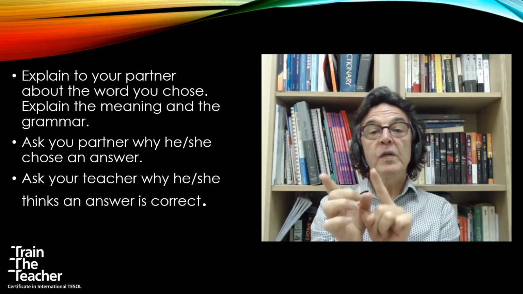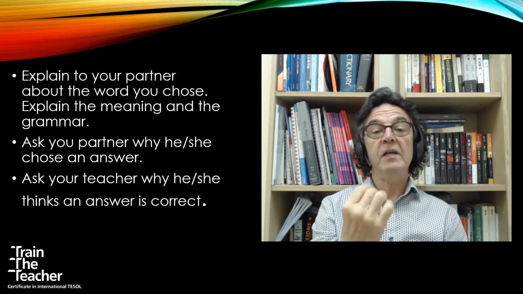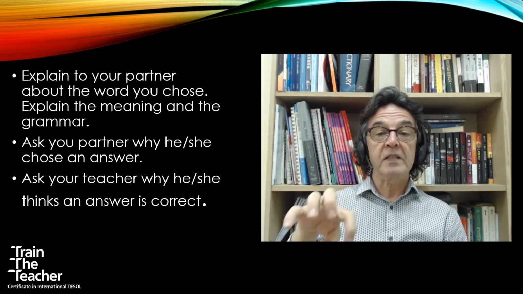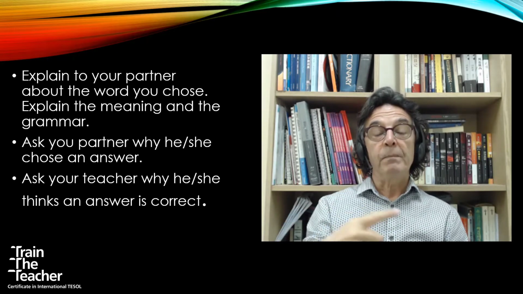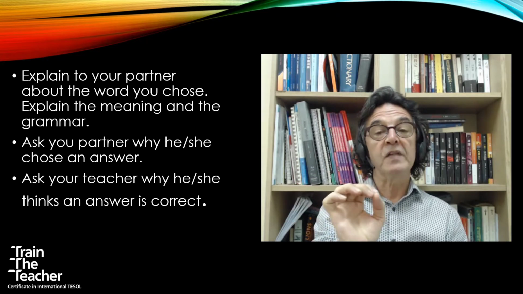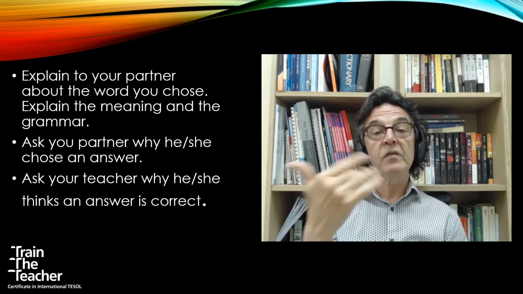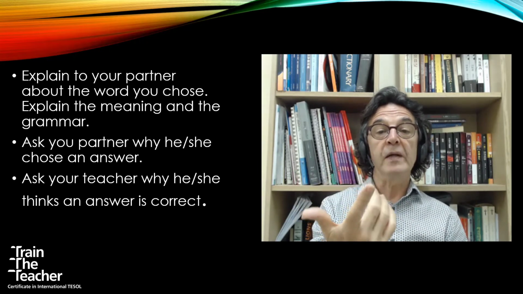So they do that with one another. Then they get the opportunity to ask the teacher, and then of course the teacher explains their choices based on the overall context, based on the meaning within the sentence, and also based on the grammar. So the teacher there is providing a really good model.